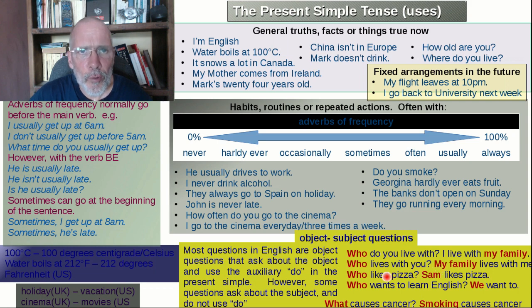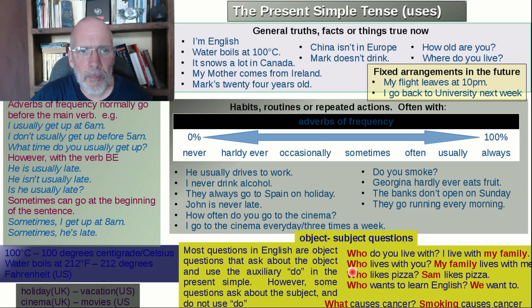We've got a few more examples here. Who likes pizza? Sam likes pizza. We are asking about the subject of the answer. Who wants to learn English? We want to. Again, we're asking about the subject, the thing or the person or the people that are performing the action.